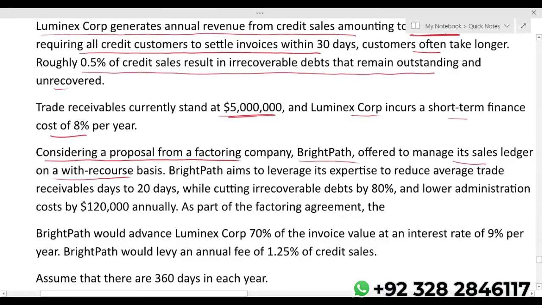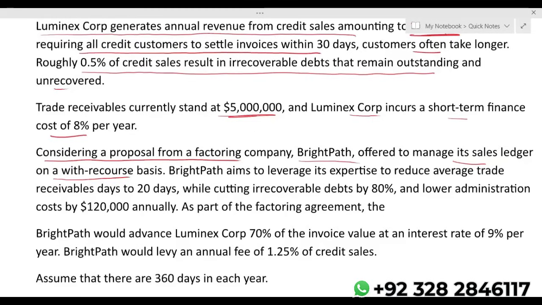Now, students, stop. In case of with recourse basis, logically, the risk of bad debt belongs to the company, not to the factor organization. But in case of with recourse factoring, when you are hiring a factor and the factor company says, okay, we will be able to save your bad debt by, let's say, 10%, 20%, 30%, then you will show the saving of bad debts during the calculation according to the percentage mentioned by the factor company.